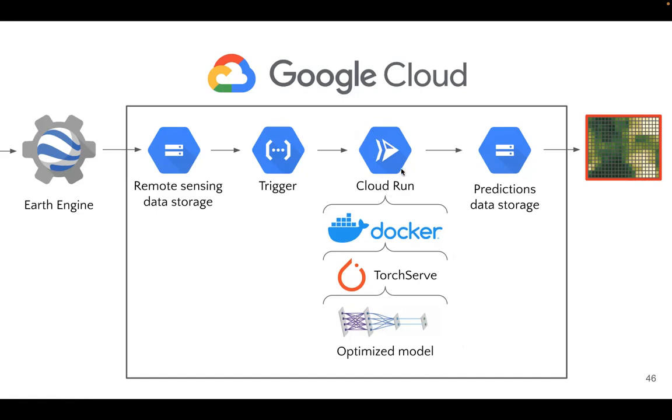Then this Cloud Run service is able to multiply this Docker container multiple times. Each Docker container has all these optimized models, so these models are multiplied multiple times. Once the model makes a prediction, it automatically uploads it to a separate bucket.